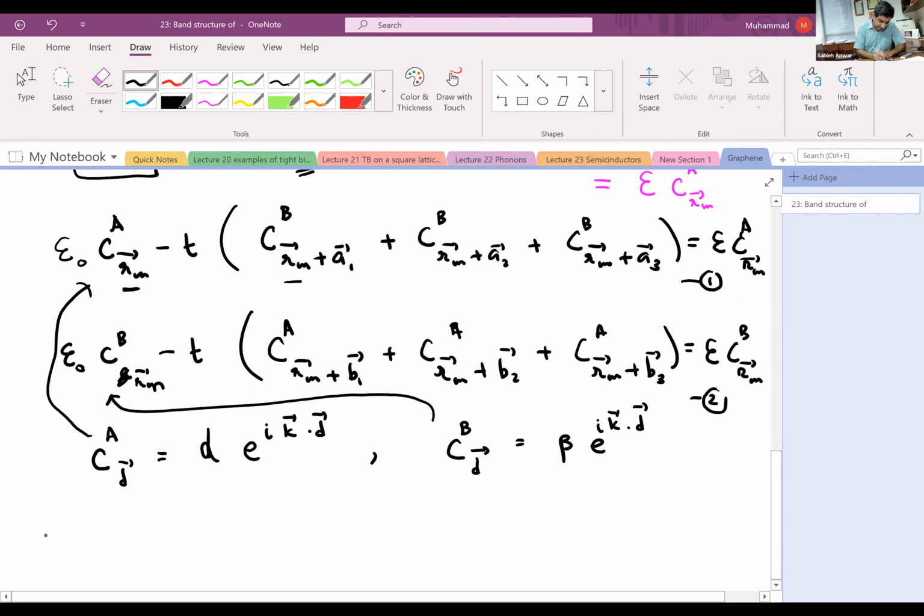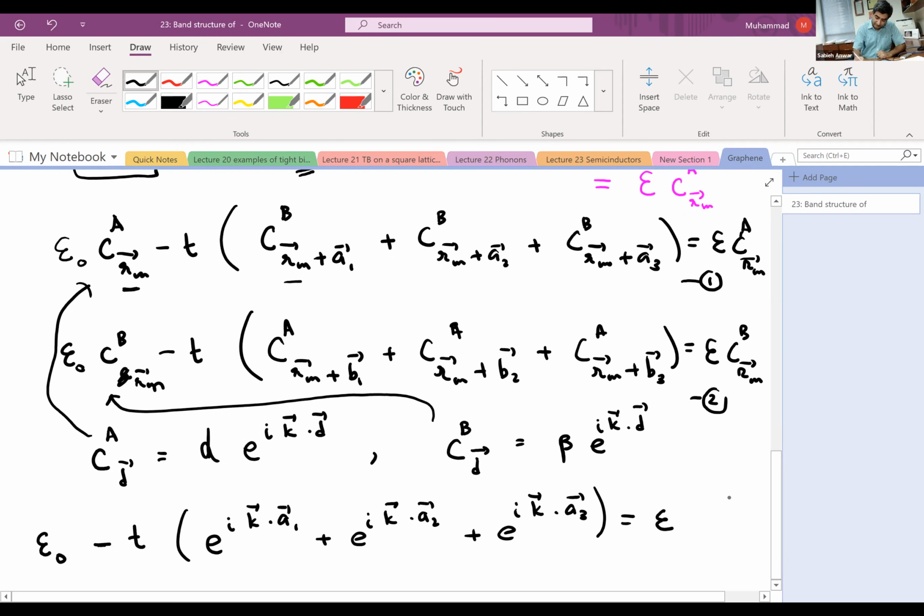So I'm going to skip this step, and I'm going to rewrite equation number 1 after insertion of the ansatz as E naught minus T, e^(ik·a1) plus e^(ik·a2) plus e^(ik·a3) equals E. That's my equation number 3.